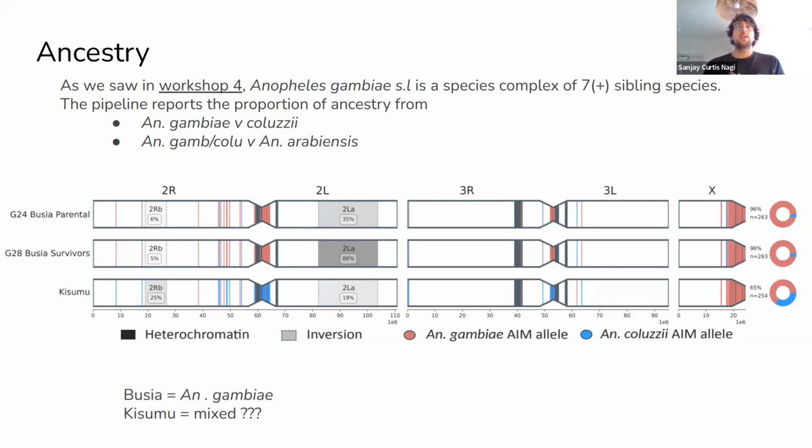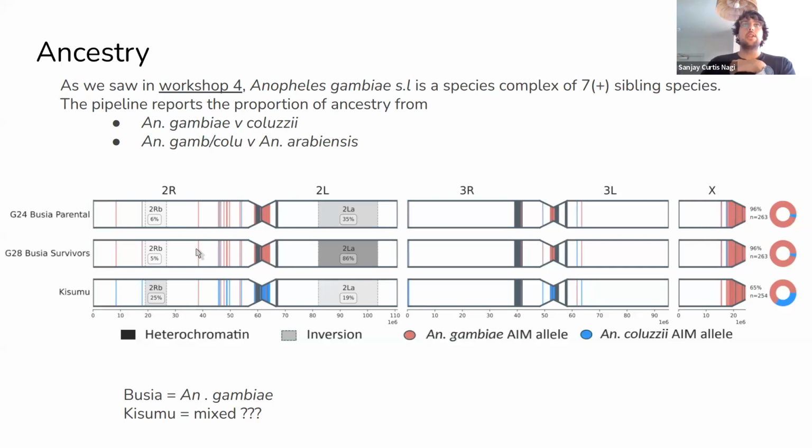The pipeline can use ancestry informative markers, which we met in workshop 4, to calculate the proportion of ancestry from either gambiae versus coluzzii, or Anopheles gambiae and coluzzii versus Anopheles arabiensis. In this plot, I've now colored each ancestry informative marker by whether it's an Anopheles gambiae allele or an Anopheles coluzzii allele.